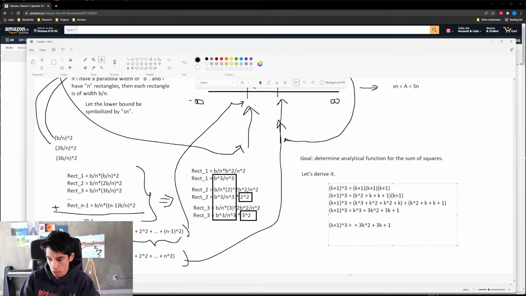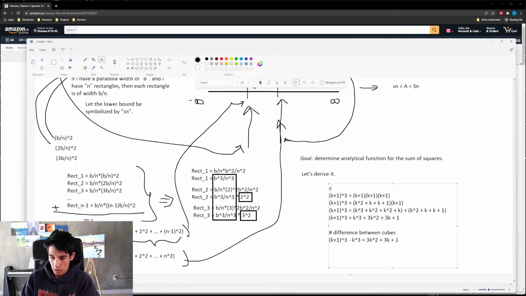So if we move this term to the other side, minus k cubed, what we now have is the difference between cubes, k and k plus 1, is this value. So we will call this the difference between cubes of k plus 1.